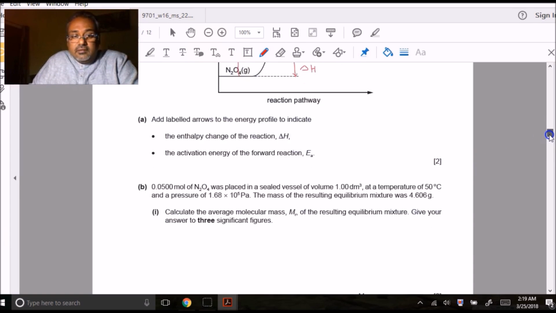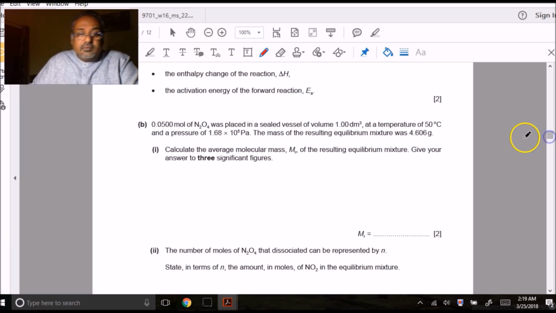And then the question talks about the moles of N2O4, the volume, the temperature, the pressure, and even the mass. If you have all this data, you should think of the ideal gas equation, because you have everything mentioned there, and you're supposed to find the average molecular mass.